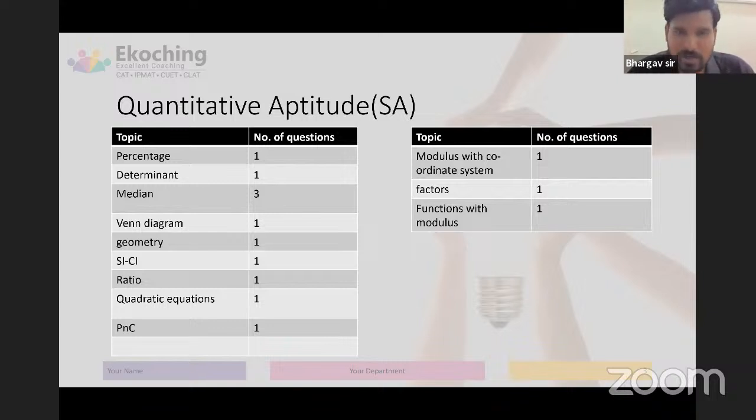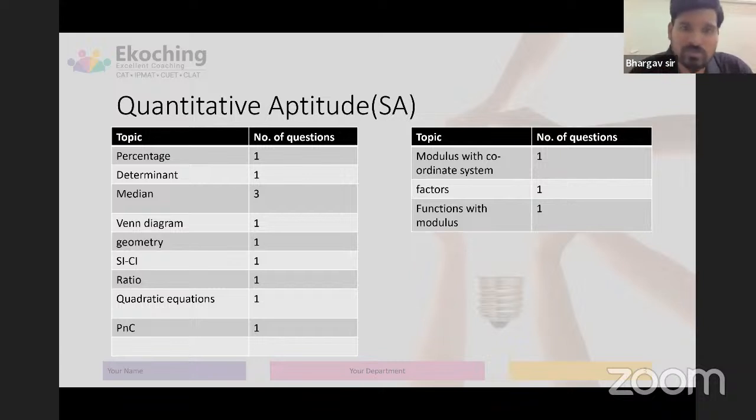Pretty easy question. There was also one question from Venn diagram where they were asking 48, 52, and 62. These are the numbers. Each of them liked at least one. The answer was 12, the maximum number of people with at least one.